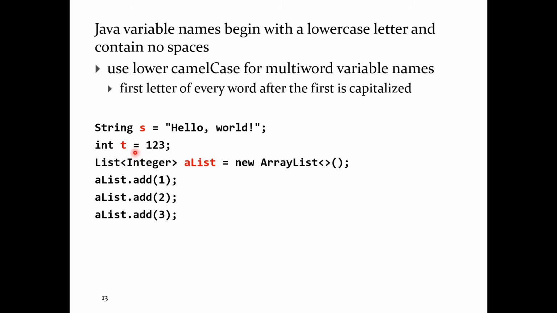For now, when we're creating variables, they should always begin with a lowercase letter. If your variable name is made up of multiple words, then you should use what's called lower camelCase. In other words, aList is a multi-word variable name. The first letter is in lowercase, but the beginning of every other word in the name should be capitalized.